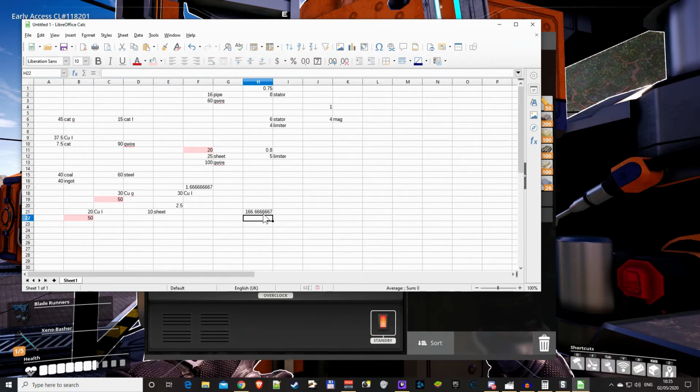That seems more plausible because, and then there's the additional copper you need to feed into the, was it, yeah, stator quick wire.